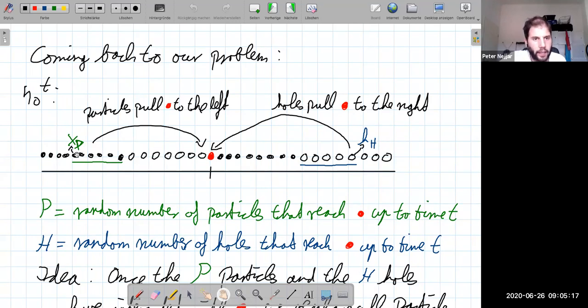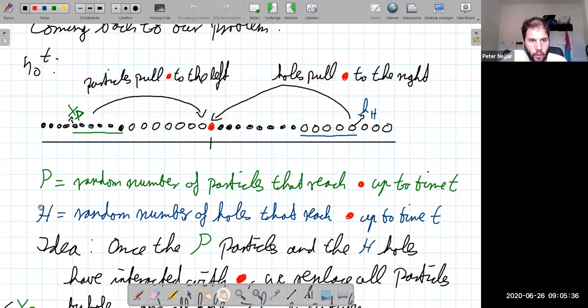These are the particles which I underlined in green. From this infinite group of particles, a random number has actually reached the origin and interacted with the second-class particle. Likewise, we call this blue H the random number of holes from this infinite group of holes which reach the second-class particle up to time t.